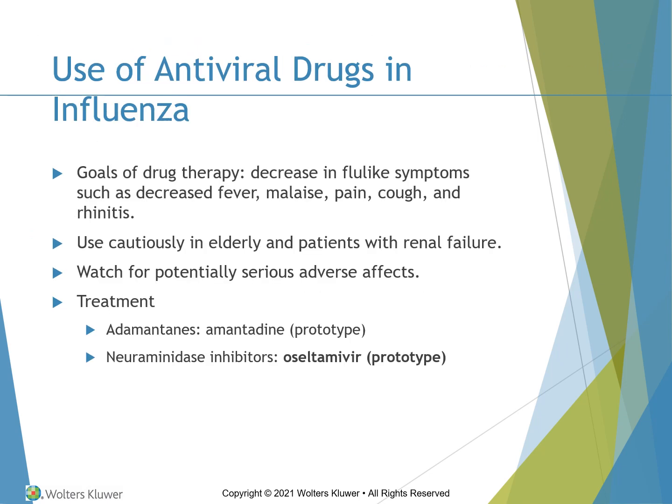Okay, so now talking about antiviral drugs for influenza, we have a couple of prototypes. We have amantadine, and we also have oseltamivir. The oseltamivir is going to work by preventing the newly formed viruses from exiting the host cell.